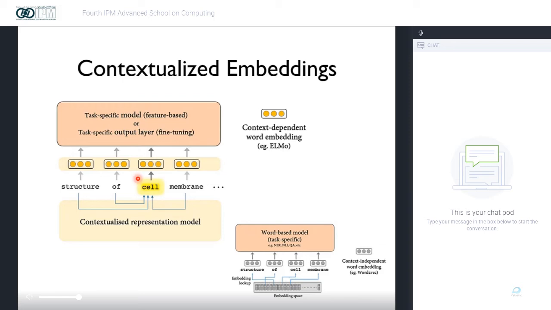It changes the representation it has from cell in order to make it more suitable for the context. For instance, here it's the biological cell. And then it passes that dynamic embedding, which is generated on the fly according to the context, which is much more suitable for the model to make a good understanding of the semantics behind the input.